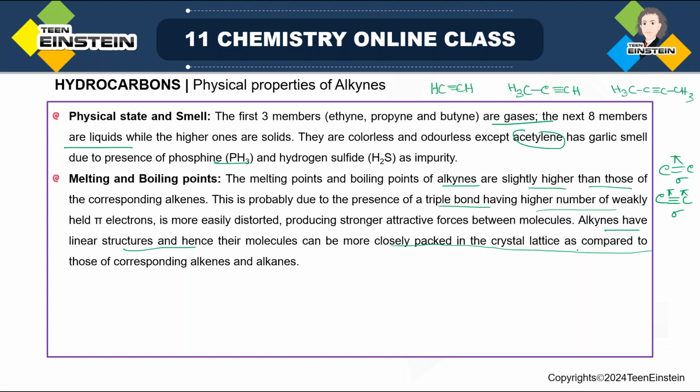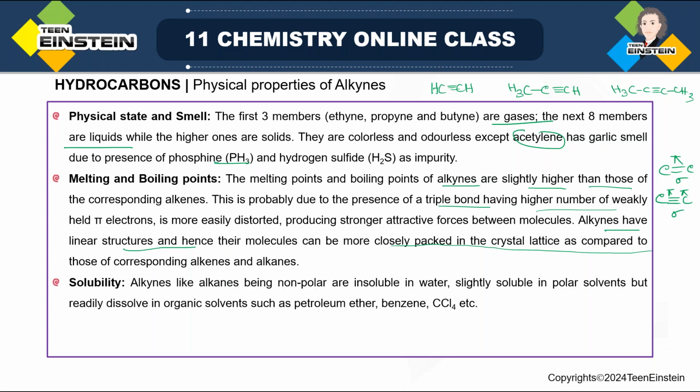So close packing is possible if you consider solid alkynes, because the question of close packing arises only when it is solid, not liquid or gas, right? So for solid alkynes, this will be the explanation why their melting points are high.